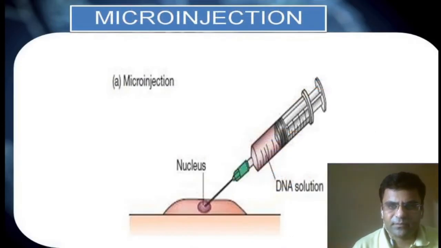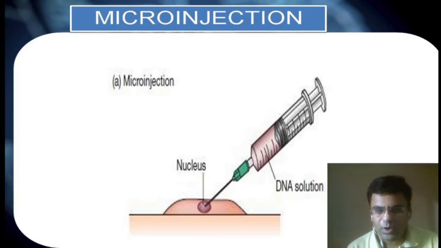Next we will see microinjection. It is a method of transferring the desirable DNA into the living cell through the use of a glass micropipette. Usually this glass micropipette is 0.5 to 5 micrometers, which easily penetrates the cell membrane and nuclear envelope.